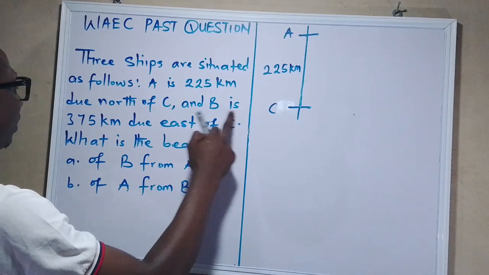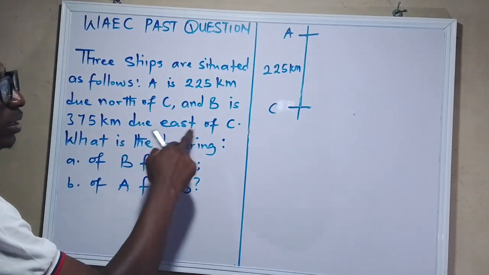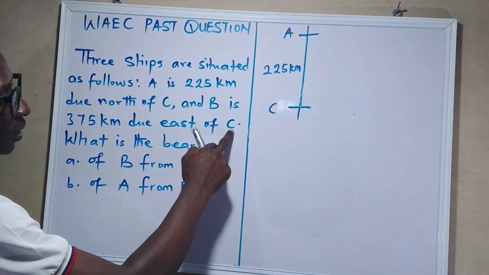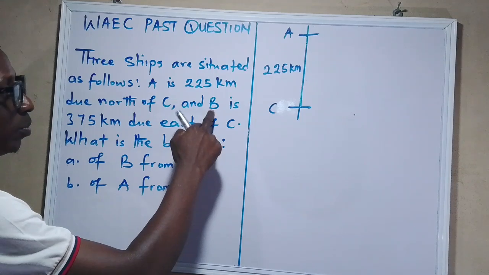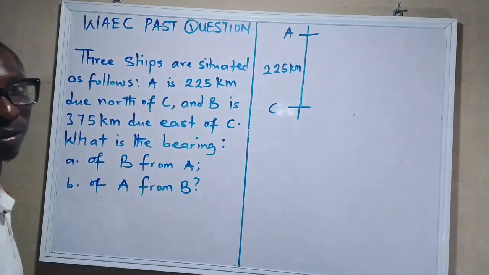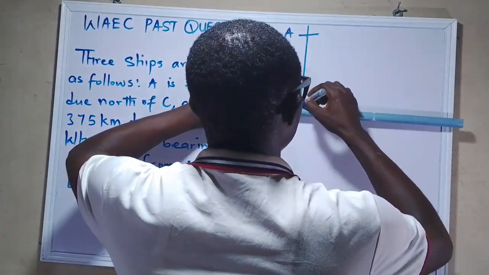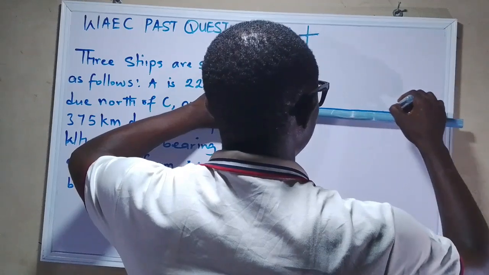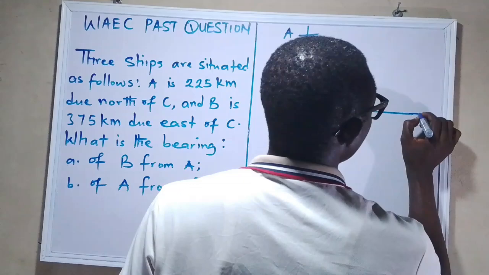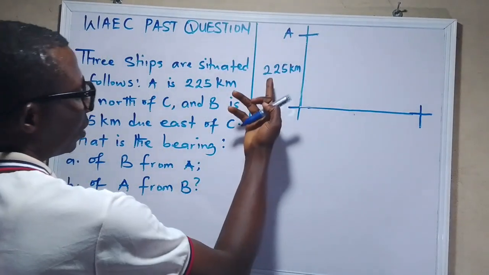And B is 375 kilometers due east of C. Due east of C. So C also determines the position of B. B is 375 kilometers due east of C. So this is the east of C. Now due east of C, you make this line longer than this, because the distance is bigger than this.